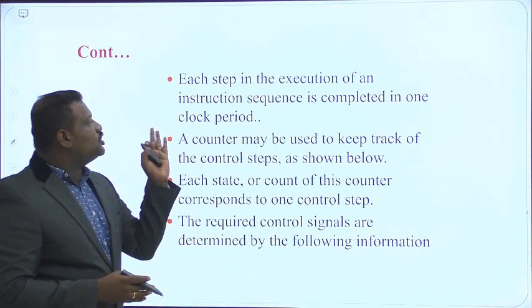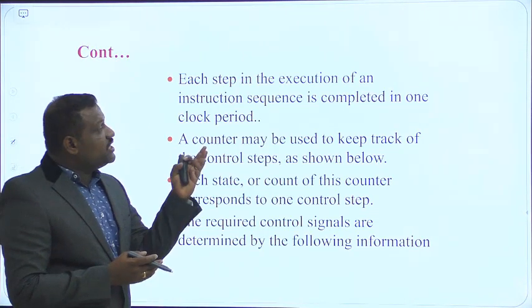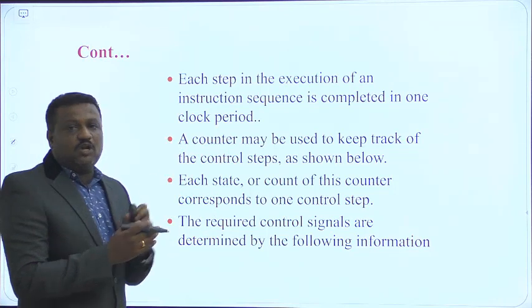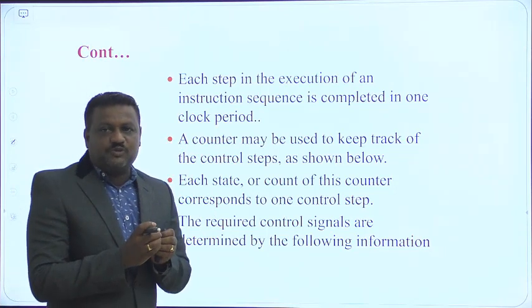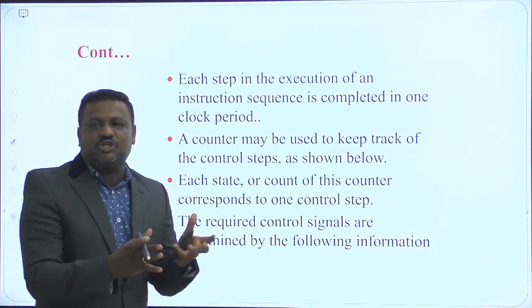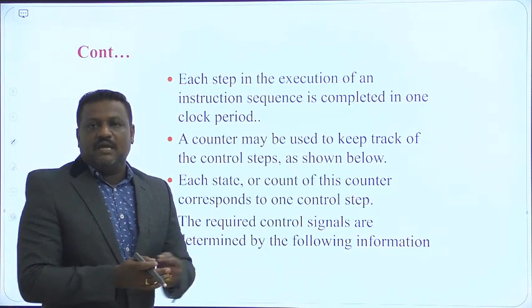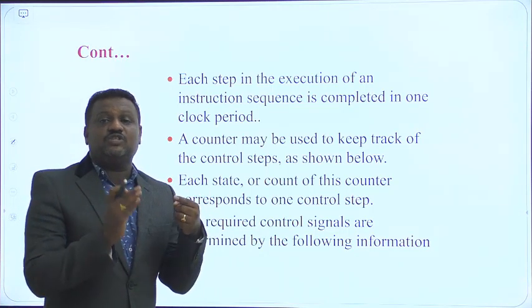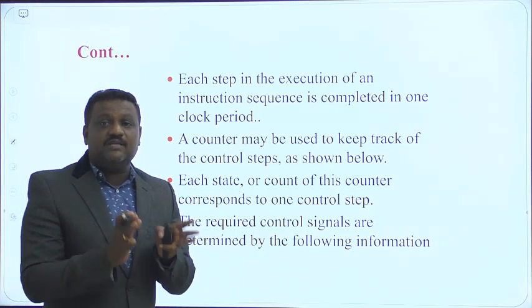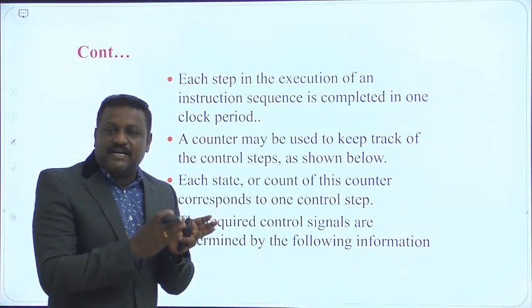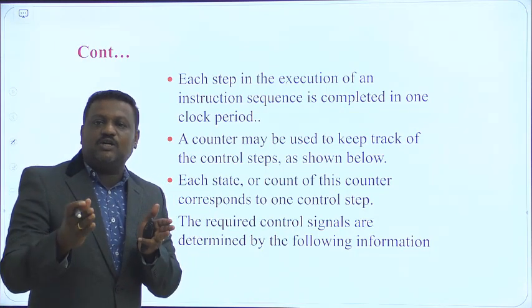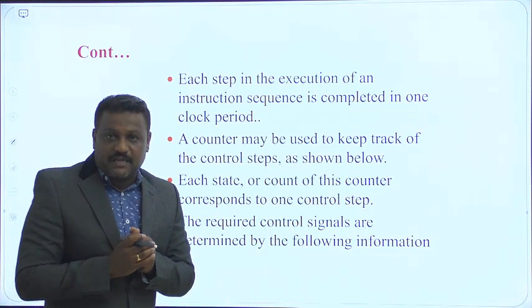Each step in the execution of an instruction sequence is completed in one clock period. That means, what are the steps we are going to take in execution of an instruction? Each step in the instruction execution must finish in a single clock cycle. Just now I took an example, that is addition of the content of register R1 with R2 and sending the result to R3.